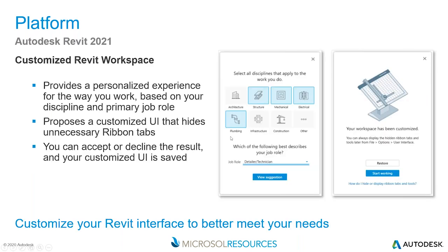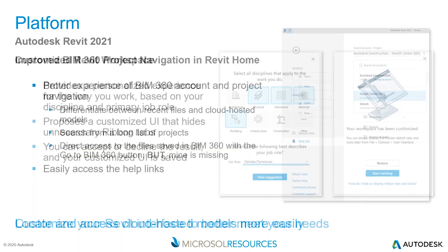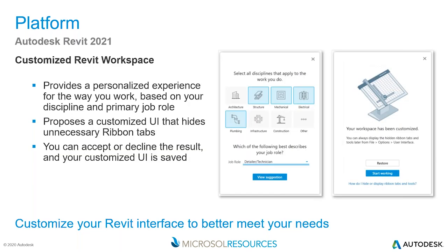What's nice is your ability to customize the interface now. In the next slide or two, we'll talk about the infrastructure, new content and classifications. More and more content has been added to the Revit interface, and we may want to minimize what's being displayed.